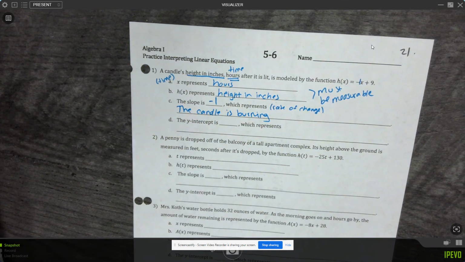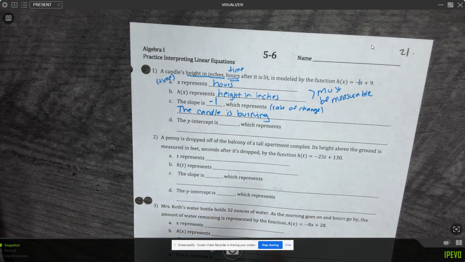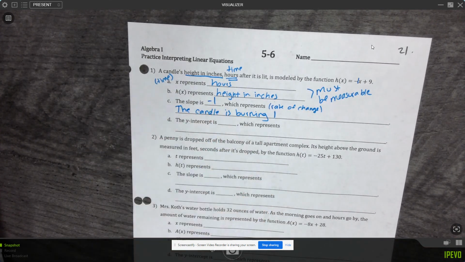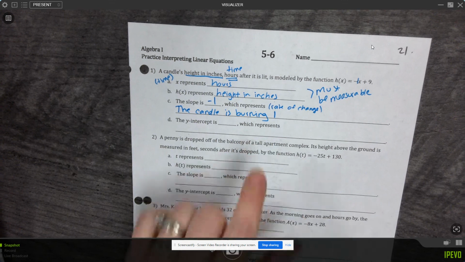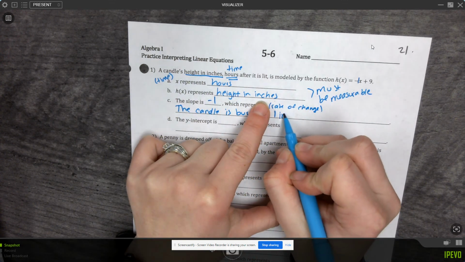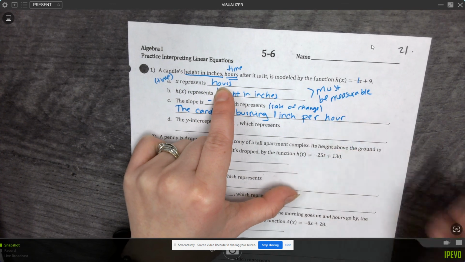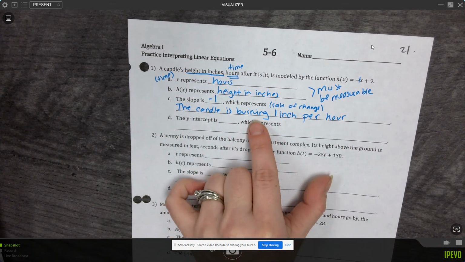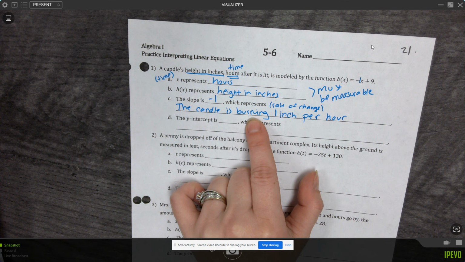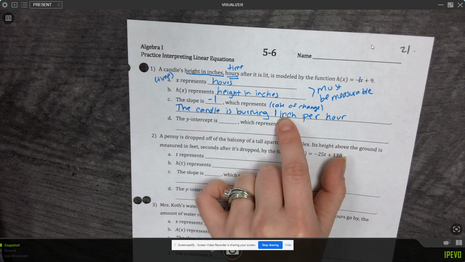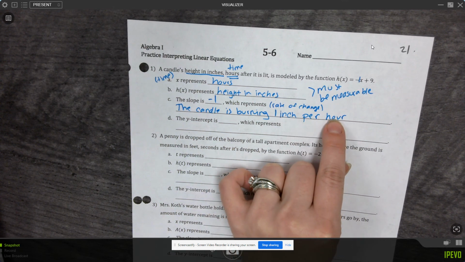Now you're going to tell me, well, how fast is it burning? It is burning 1 inch per hour. So you need a word or a phrase that tells me if it's going up or down. You need to tell me the number. And then you need something per something.